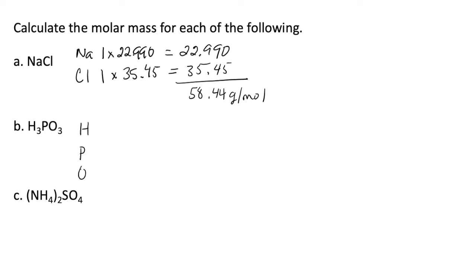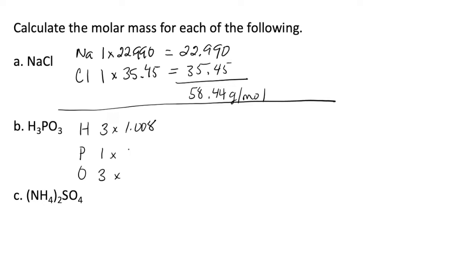phosphorus, and oxygen. I have 3 hydrogens, I have 1 phosphorus, and I have 3 oxygens. So let's go to the periodic table, draw a line to make sure I can separate these. So we have 1.008 is our atomic mass, our average weighted atomic mass for hydrogen.